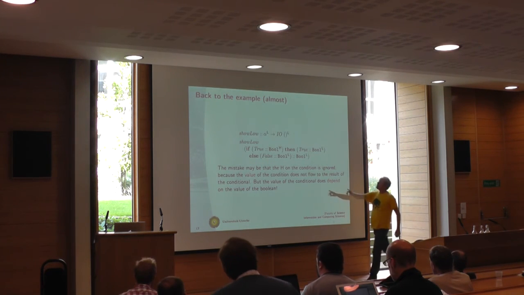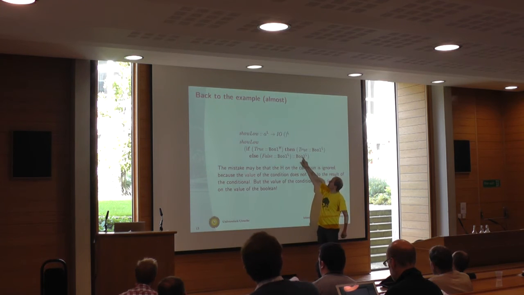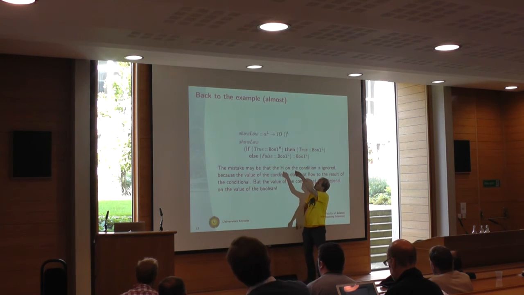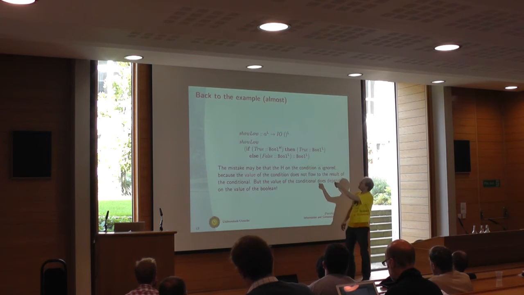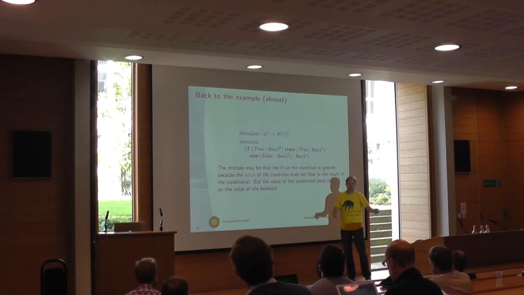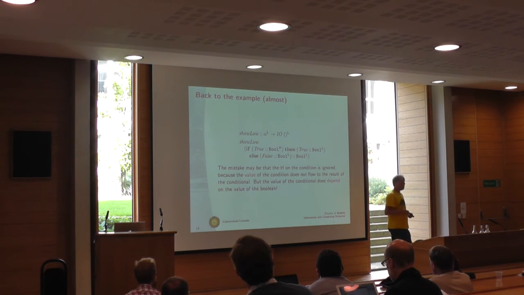So for example, here I've modified it. Here I have a nice bool L, which of course fits very well into this alpha L, but there's an inconsistency because this should have been an H, because I have to take the join of this one and that one. But possibly the person who programmed this only feels that the values of the then and the else part flow to the result of the conditional.